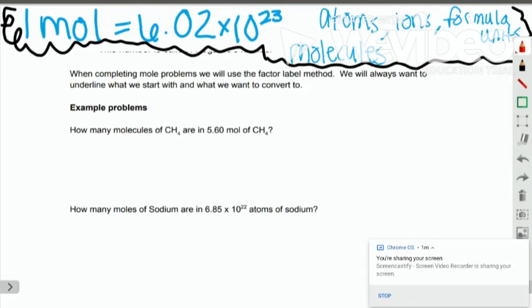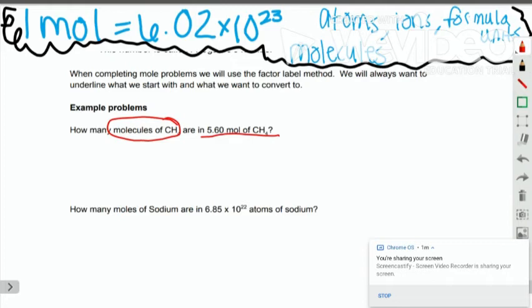So the first example says, how many molecules of CH4 are in 5.60 moles of CH4? If we do these problems like how we started the conversion factors of inches to feet, you're always going to want to start with what you're given, and we're going to circle what we want.